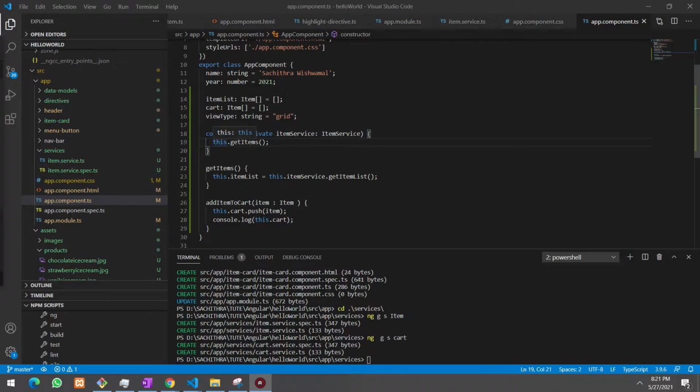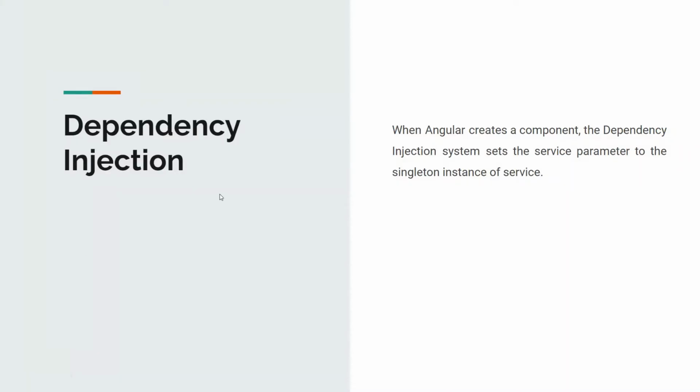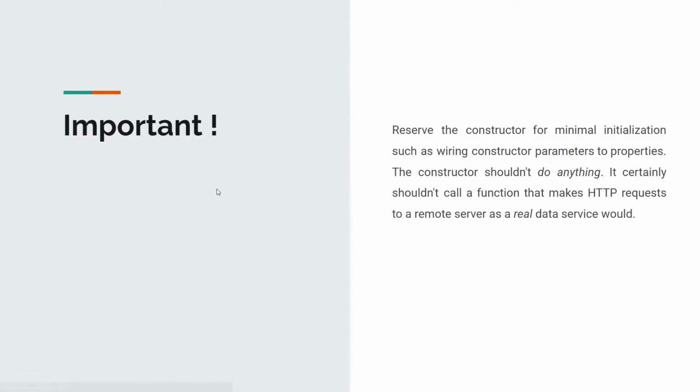We can call the getItems function in the constructor, but it is not recommended by Angular. What Angular states is: reserve the constructor for minimal initialization, such as wiring constructor parameters to properties. The constructor shouldn't do anything. It certainly shouldn't call a function that makes an HTTP request to a remote server, as a real data service would.